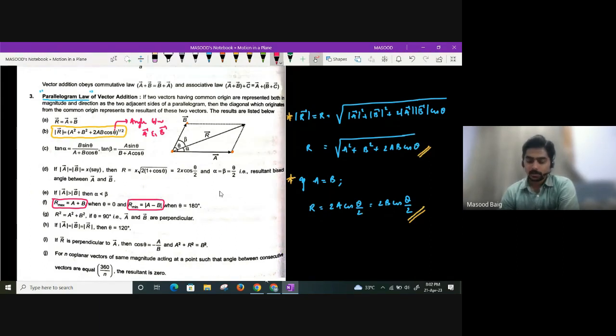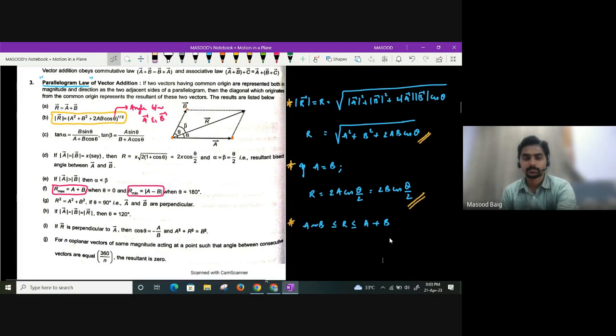And the maximum value of R will be a plus b, the minimum value will be a minus b. Always remember one more very important case, guys. The resultant of two vectors will always lie between a difference b and a plus b. Is that clear? Yes or no?